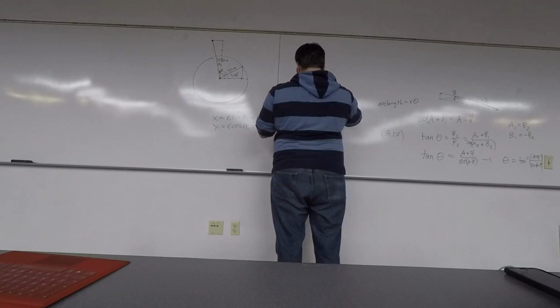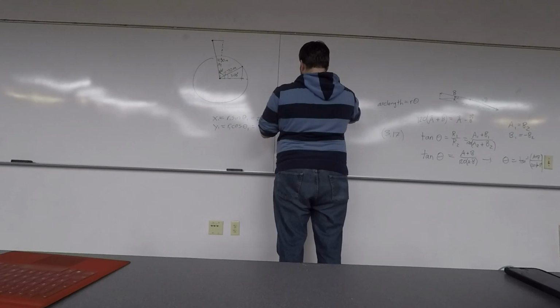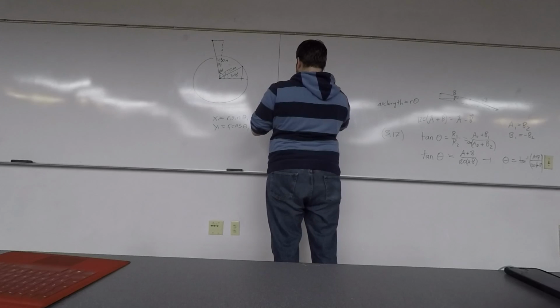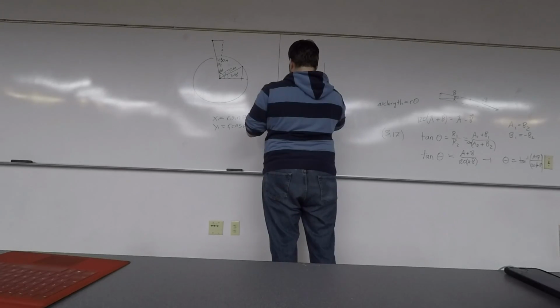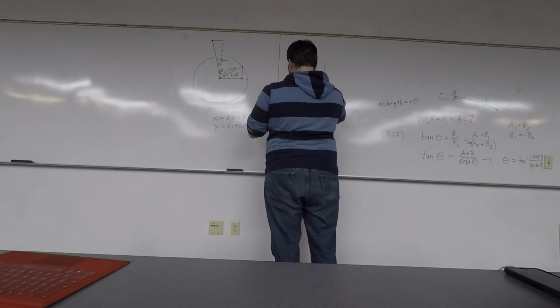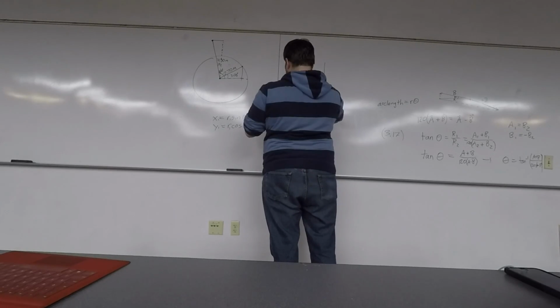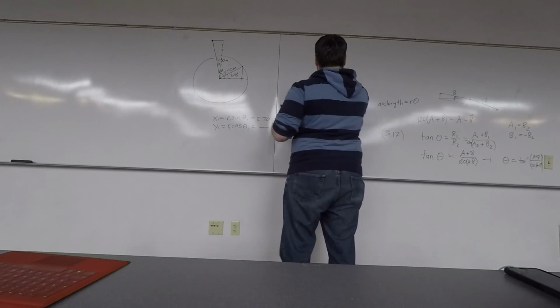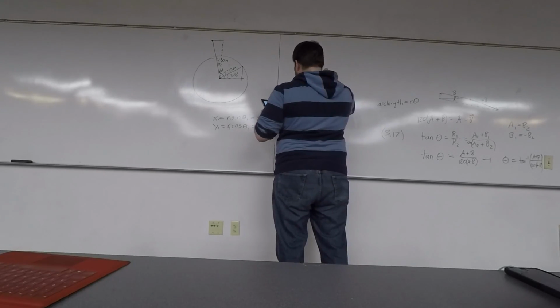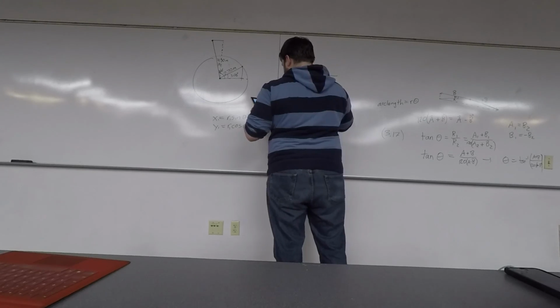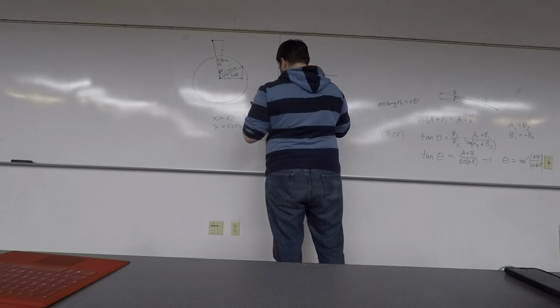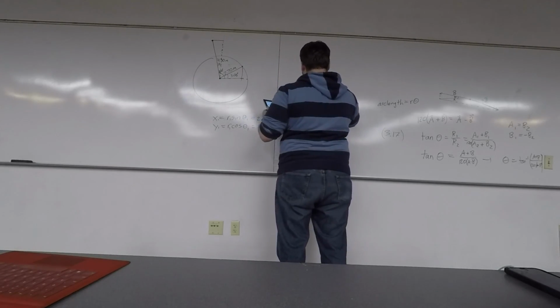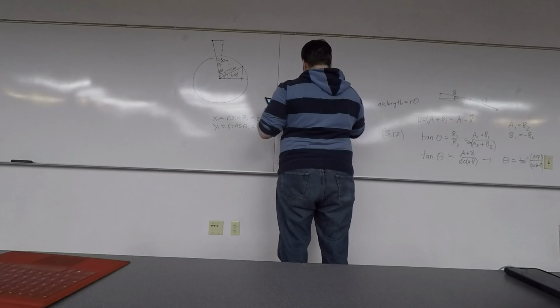I'm going to get the angle wrong with that, so I'm not going to do it. Okay, negative i hat, negative i hat, negative j hat, positive i hat, negative j hat, negative j hat.